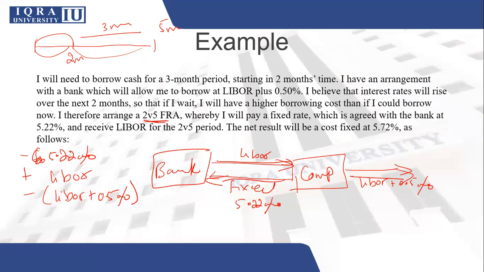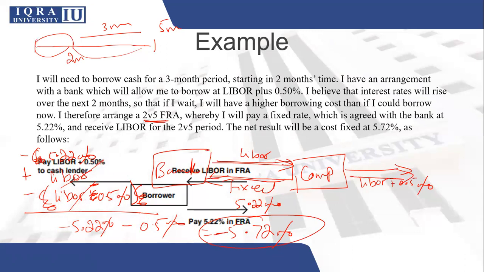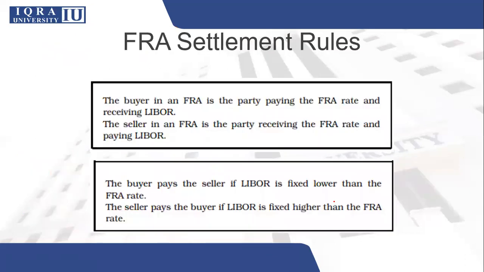Open the bracket, so you will have negative over here. Now do the calculation. LIBOR and LIBOR get cancelled out and you have 5.22% and 0.5%, so both of them will get added up. So this will become negative 5.72% because this is your total borrowing cost. This is exactly what happened. The diagram is also provided to you. The net cost calculation is also provided to you.